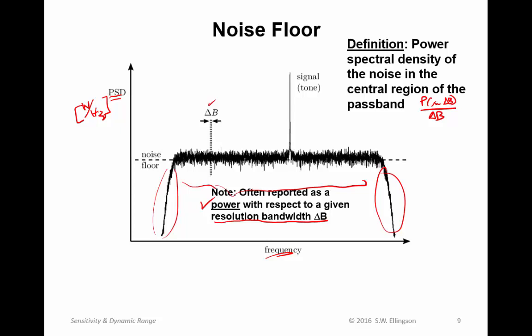So for example, you might set a quantity, it's labeled different things on different analyzers, but RBW, for example, might be 1 kilohertz. And then you see that this level here might be reported as minus 120 dBm. But what it's actually telling you is that that's minus 120 dBm in 1 kilohertz, which is minus 150 dBm per hertz. And that's actually the power spectral density. So don't be confused by that fact.